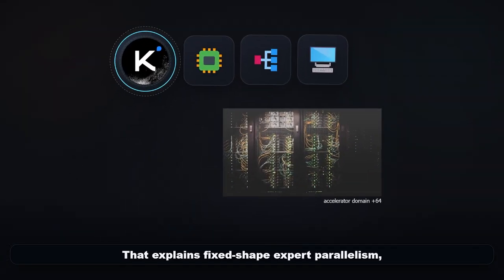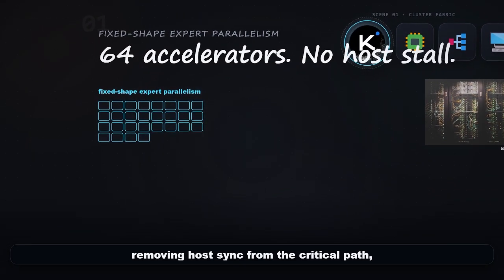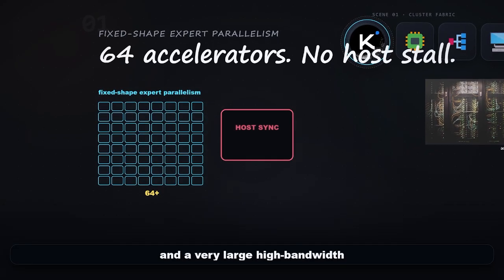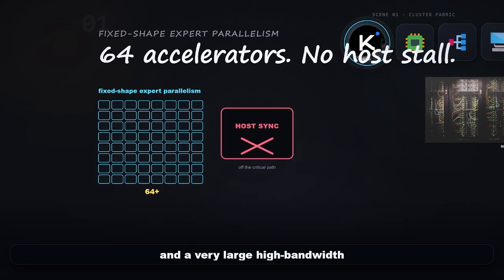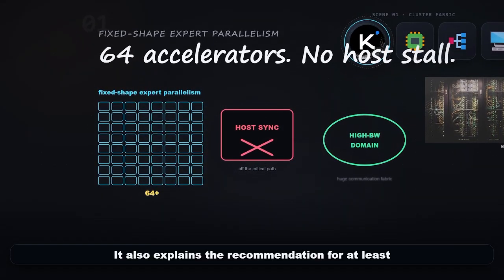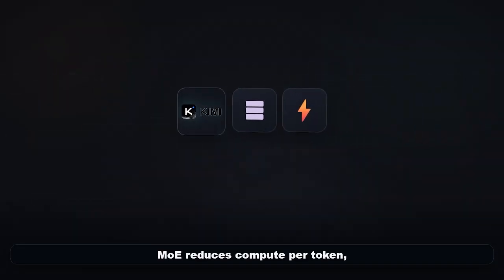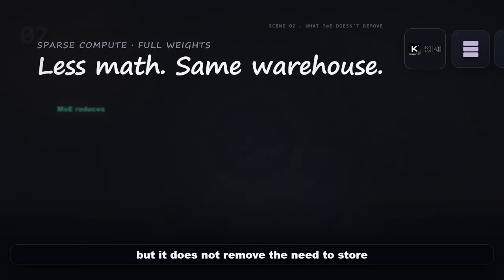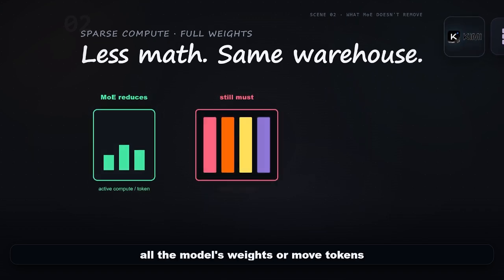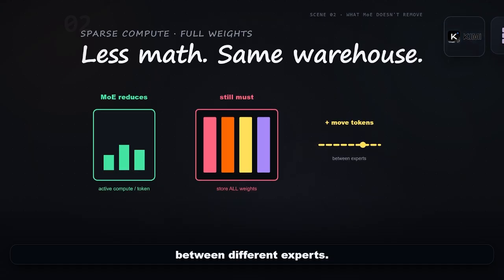That explains why Moonshot discusses fixed-shape expert parallelism, removing host synchronization from the critical path and using a very large high-bandwidth communication domain. It also explains the recommendation for at least 64 accelerators. Mixture of experts reduces the amount of computation performed for each token, but it does not remove the need to store all the model's weights or move tokens between different experts.